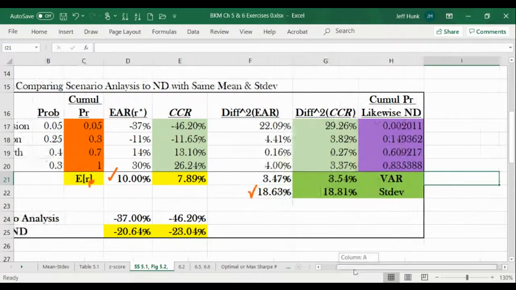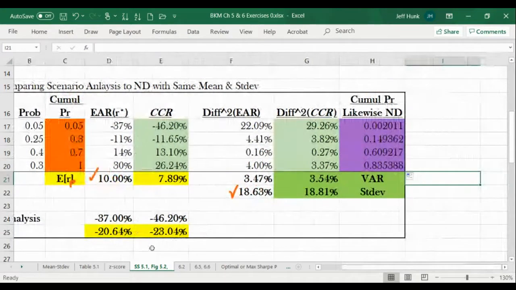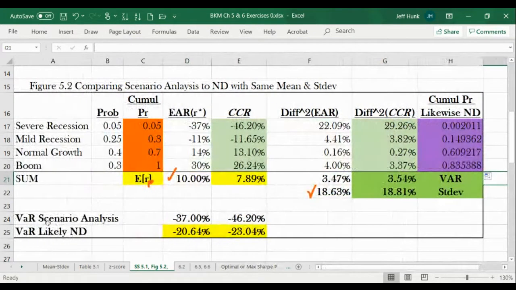Okay, so these probabilities are kind of not something that would happen under normal distribution, likewise normal distribution, right? And also value at risk by the scenario, right? The worst case scenario, right? Bottom 5%.